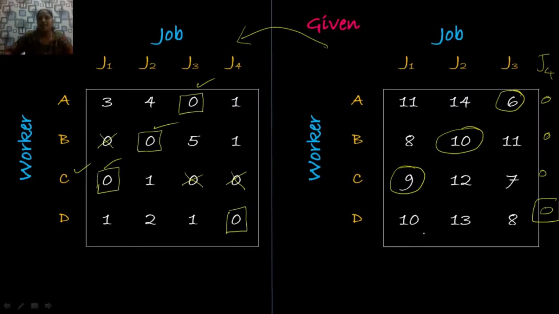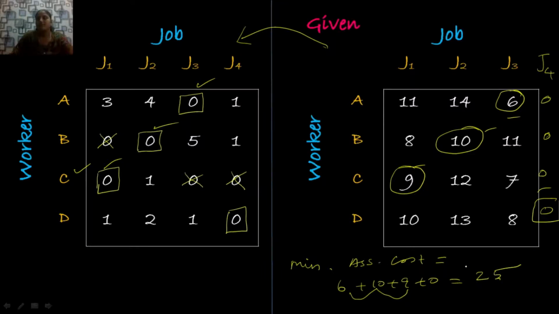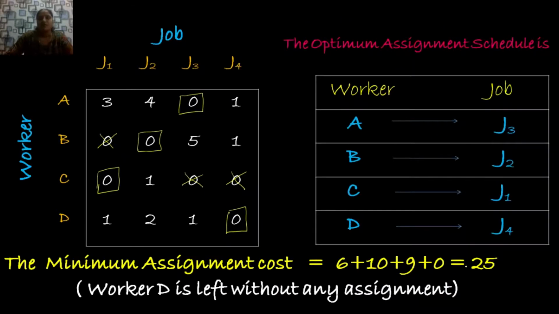So now adding all these values together, we get the minimum assignment cost is equal to 6 plus 10 plus 9 plus 0. So adding all these values, we get 6 plus 10, 16 plus 9, 25. So for the given problem, we arrive at the optimum assignment schedule and its minimum assignment cost is 25.